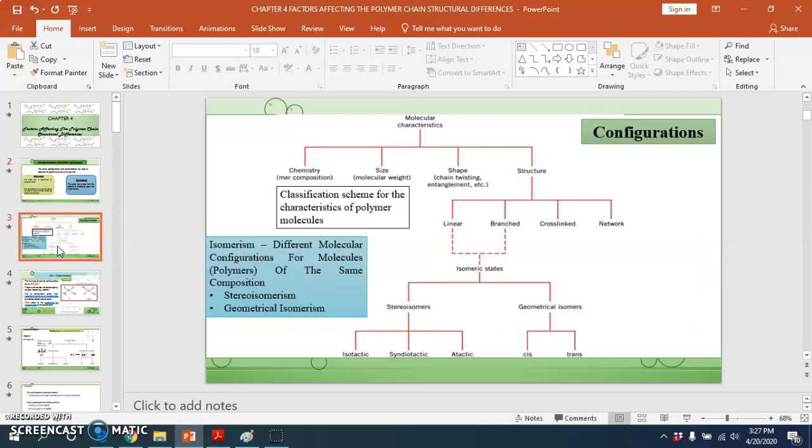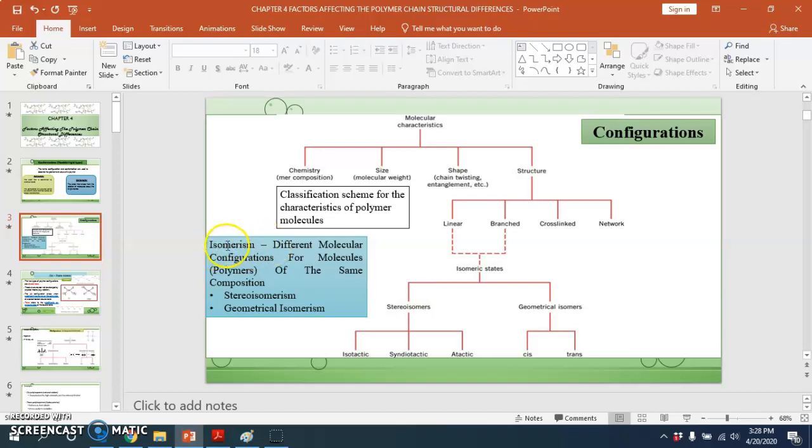Okay, let's proceed with configuration. Like I mentioned just now, configuration is the shape that creates a polymer. An example of configuration is isomerism. What is isomerism? Isomerism is polymers that have a different structure but have the same chemical formula, but are different in properties.